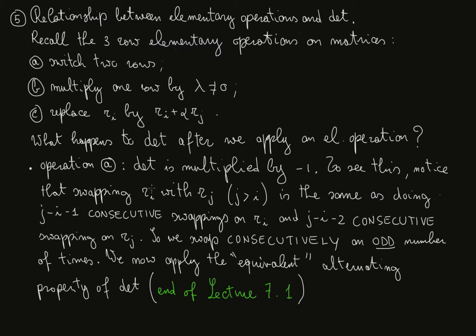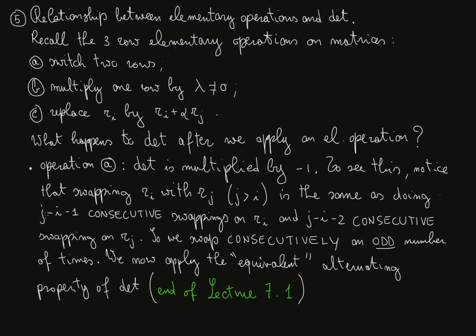So we switch the position of Ri with the closest row underneath it, j minus i minus 1 times, until we end up with a matrix having in the jth row Rj, and in the j plus 1 row we have Ri.